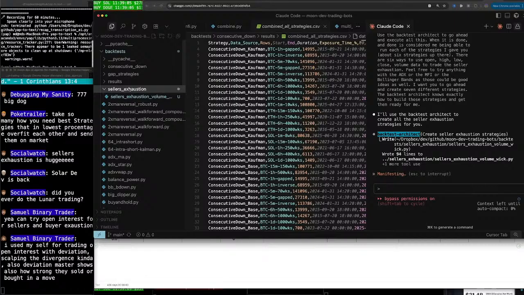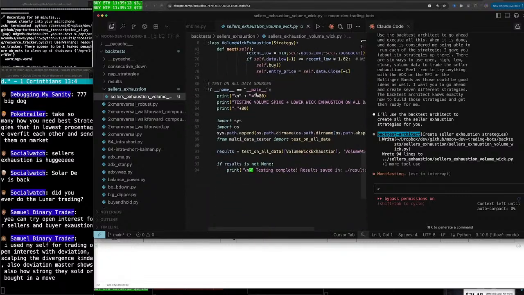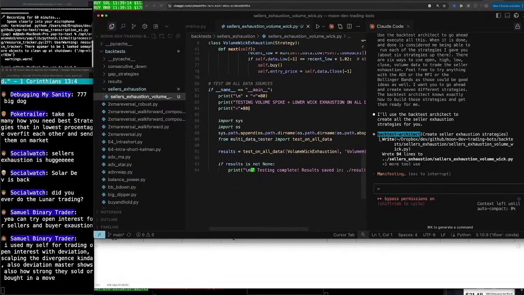Let's see if she can do it. She's done with one of them. Test on multiple datas. Let's see if we can run it.